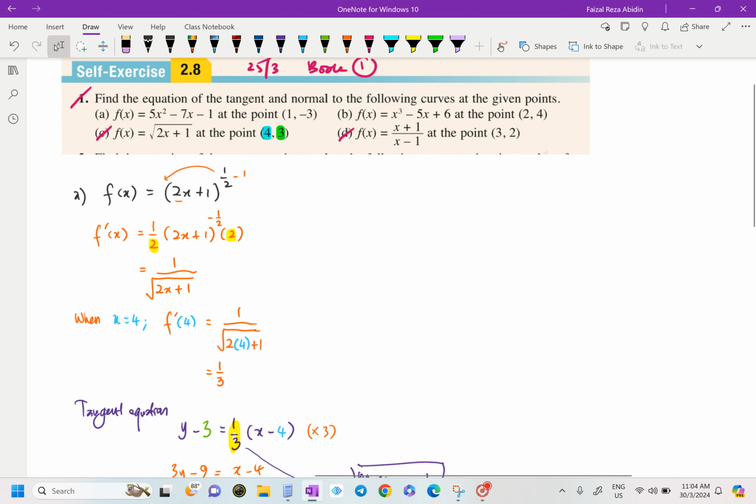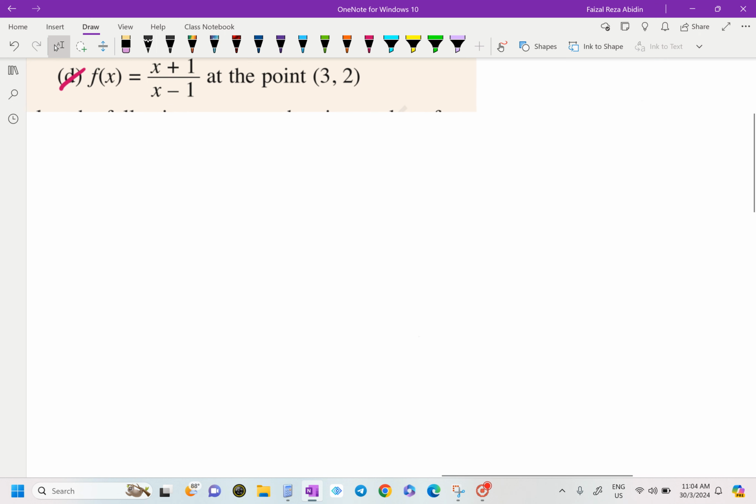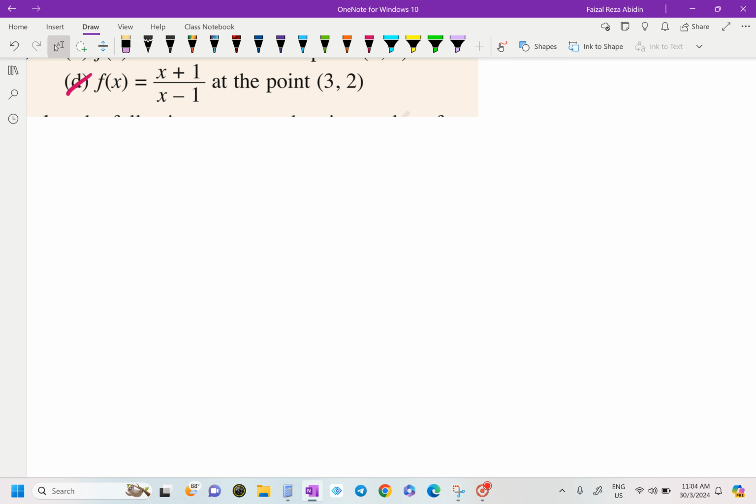Number 1C. For D here, what happened? We are going to use the quotient rule, right? This is u, this is going to be v. If I want the first one over here, I get x plus 1, so du over dx, I'm going to get only 1. And for our v here, x minus 1, so dv over dx also I'm going to get 1.